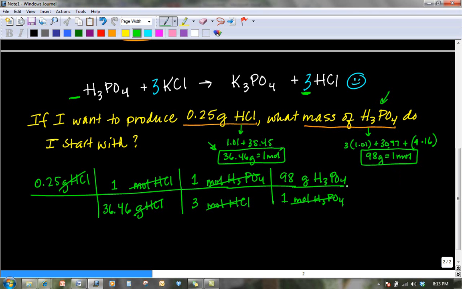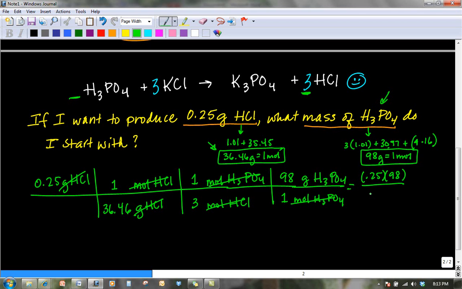Moles of hydrogen phosphate go away, and this is what I need to calculate. I'm going to multiply 0.25 times 98, and I'm going to divide that by 36.46 times 3.